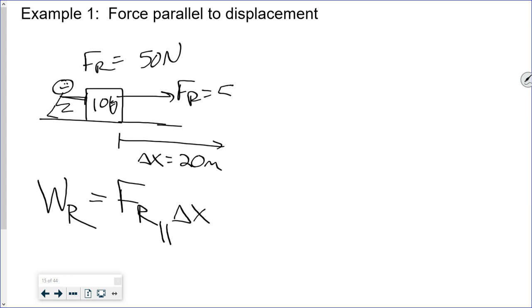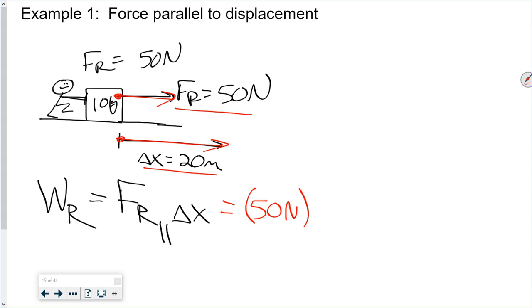It's 50 newtons. Now I need to think, what direction is my displacement? That way. What direction is my force? What component of the force is parallel to the displacement? All of it. So here, I'm literally just going to multiply my force of Roy, 50 newtons, by the displacement, 20 meters.